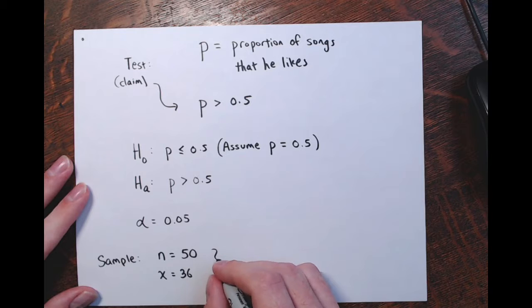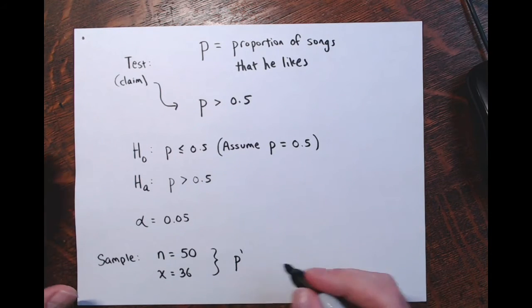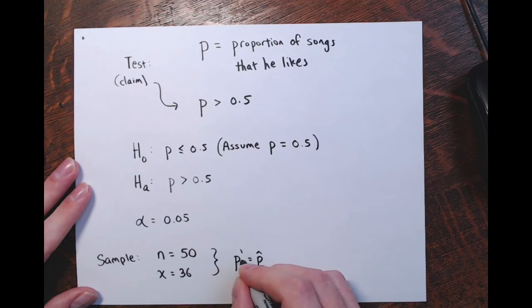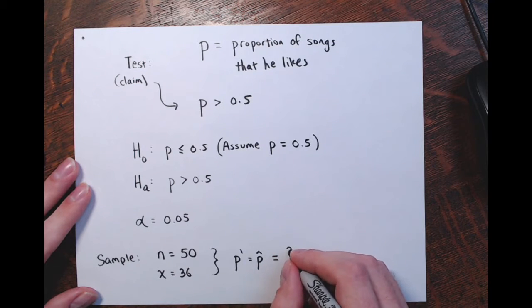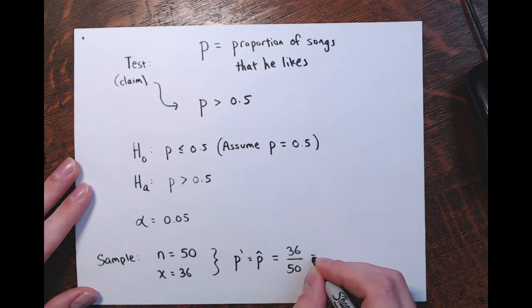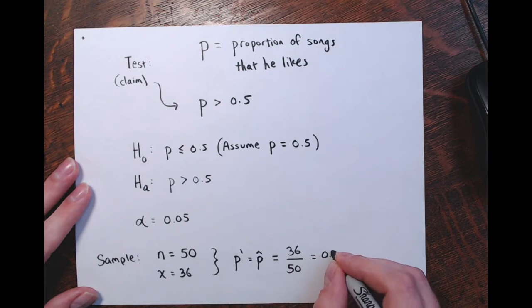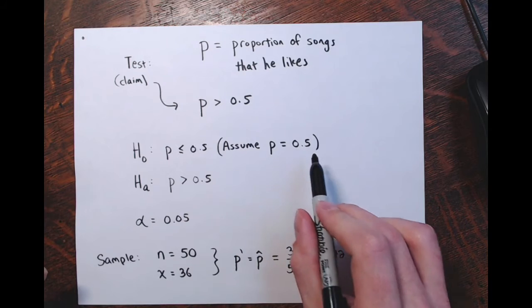The sample proportion, p prime or p hat, both mean the same thing depending on what book you're looking at, is 36 of the songs he liked out of the 50, which is 72%, 0.72.